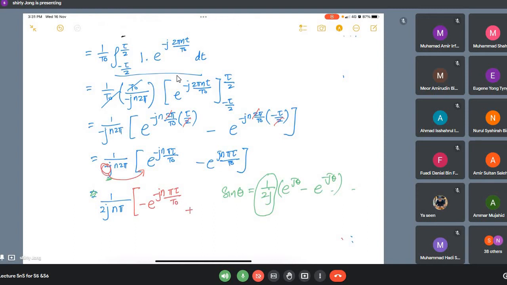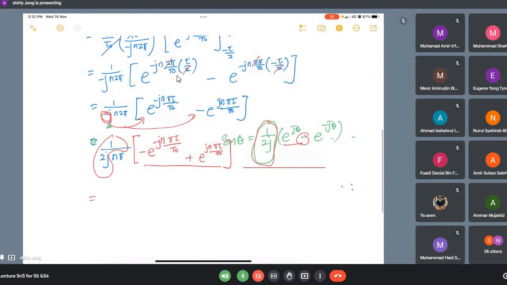This one multiply with this one, you will get positive exponent j n pi tau over t naught. Okay, do you know why? Because for the sine I want 1 over 2j only. So this part is definitely suitable for the sine. And then you have the exponent j theta minus exponent minus j theta. So when I rearrange this one, this fulfills the sine theta.